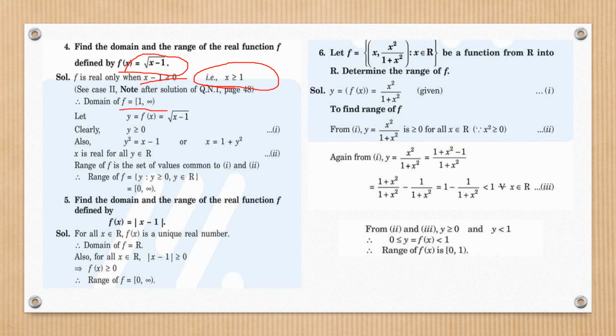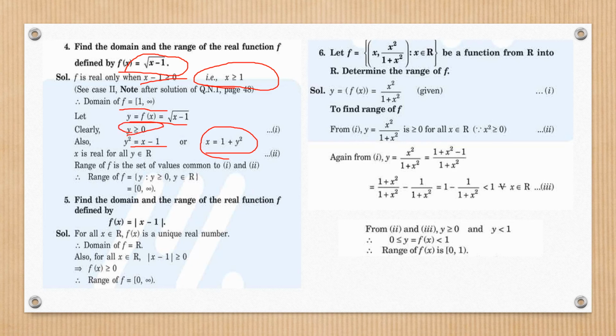Now to find the range, put y equal to f(x), that is root of x minus 1. We need to express x in terms of y. For it, firstly square: y square is x minus 1, or x is 1 plus y square. Now I have to remember the condition for the domain also, like we did in earlier questions. Since y is the root of x minus 1, it is positive, so y is greater than or equal to 0.